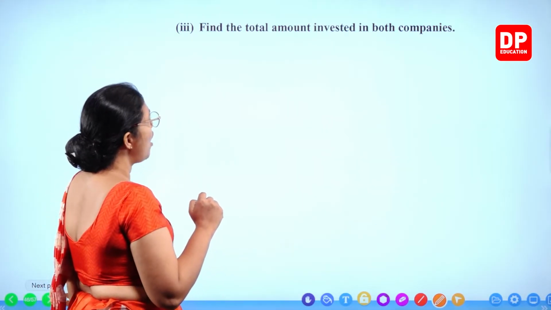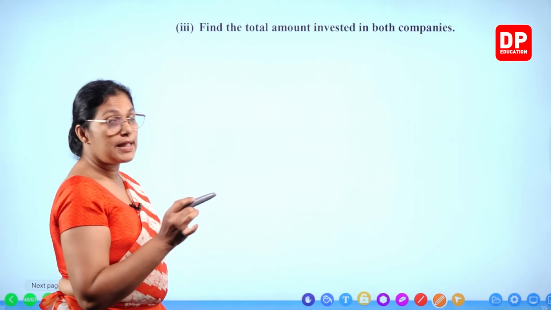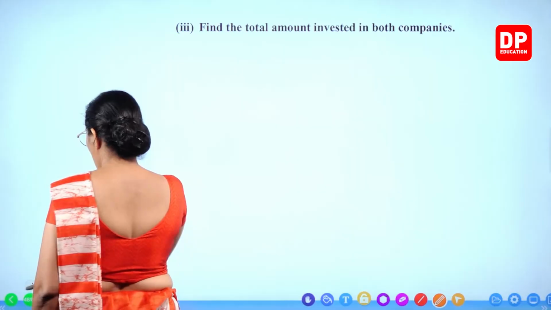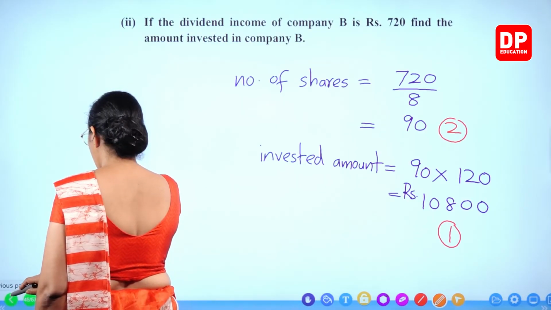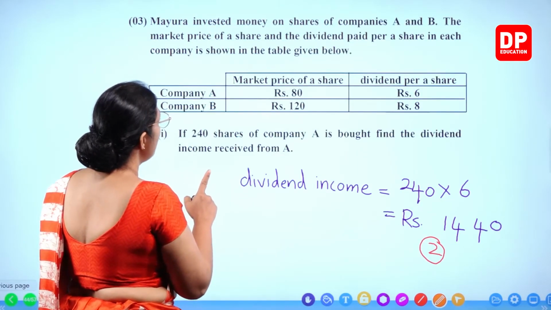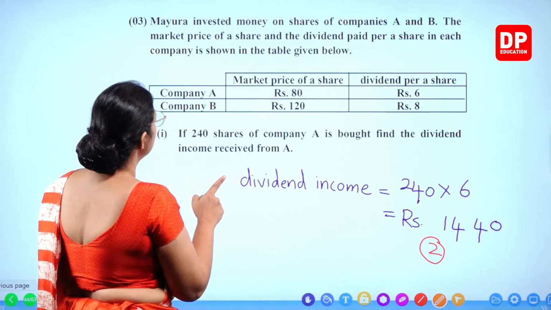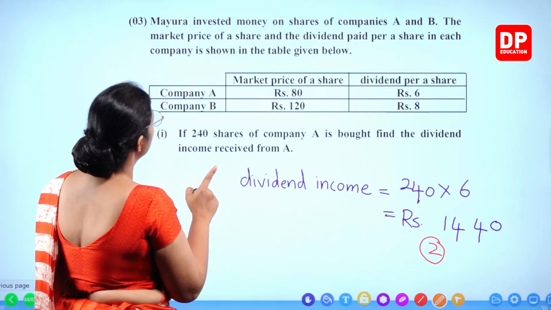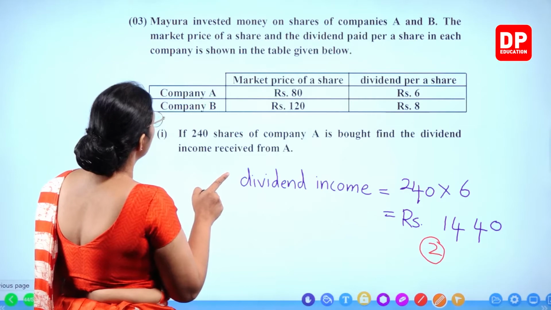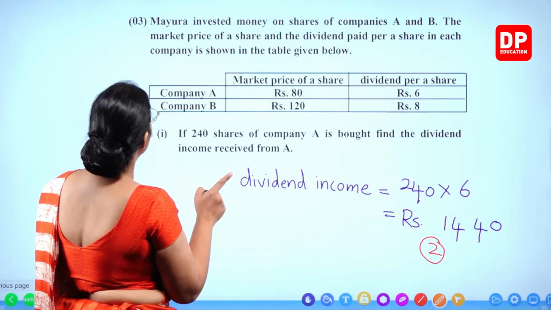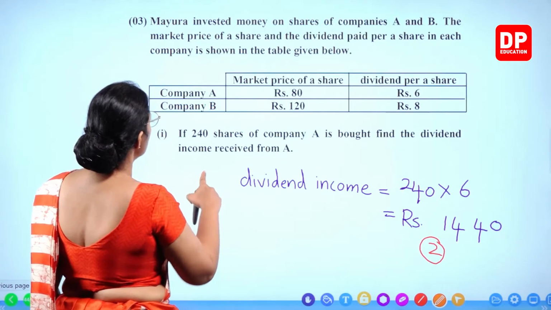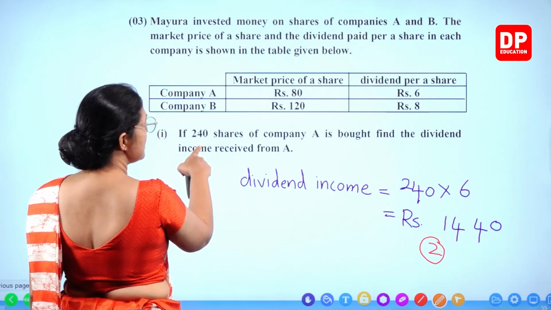Find the total amount invested in both companies. So, first company A, what's the amount invested? It's not given, so you have to find it out. 240 shares is given.